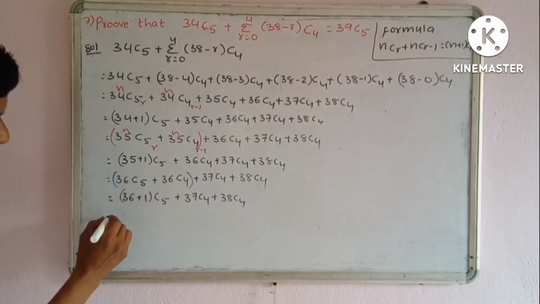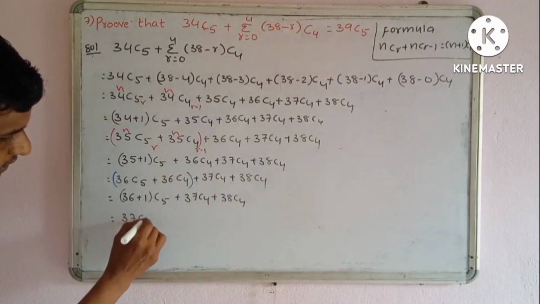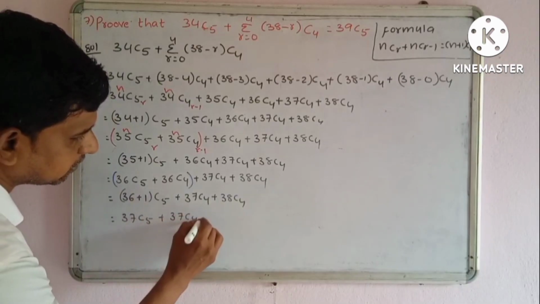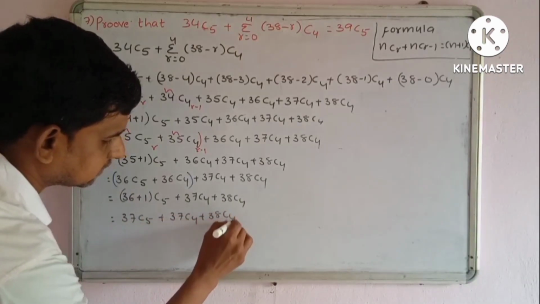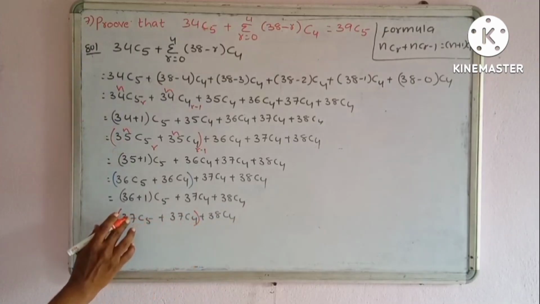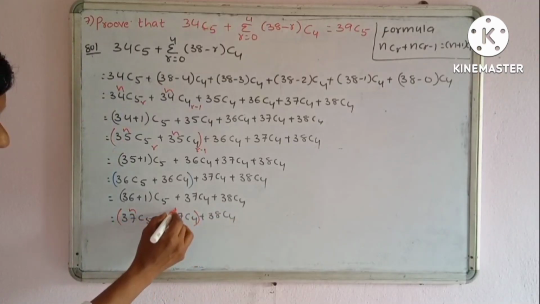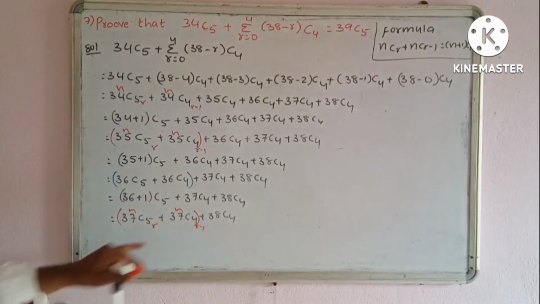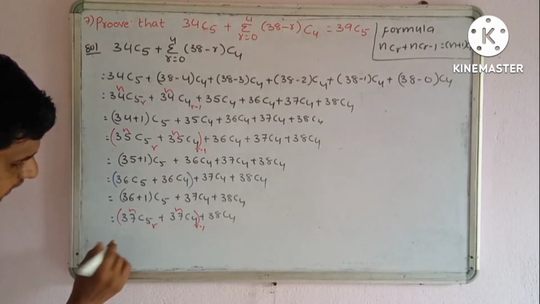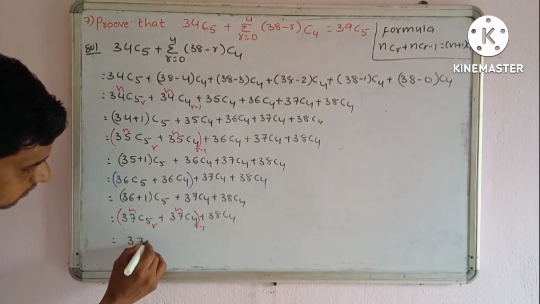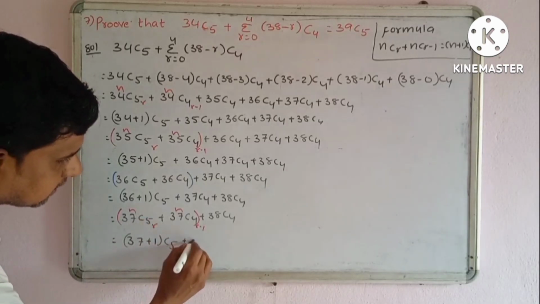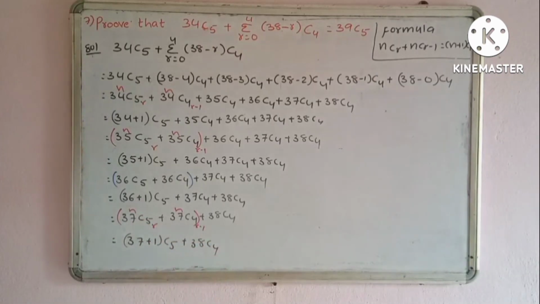See, 36 plus 1 is 37C5 plus 37C4 plus 38C4. Keep brackets for these two terms. Again nC(r minus 1), 5 minus 1 is 4, so (n plus 1)Cr, so (37 plus 1)Cr, r is 5, plus 38C4.